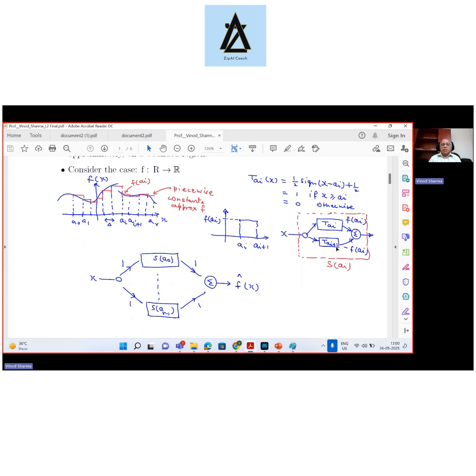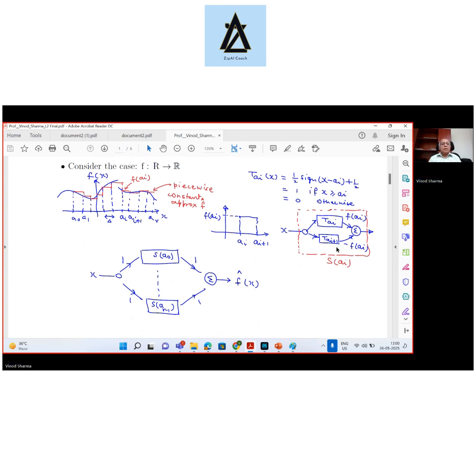First, we consider a function f from R to R. So let this function be some general function from R to R. There I have plotted f(x) as a function of x. It can be discontinuous, but we will assume that it's a piecewise continuous function, and we want to approximate it on an interval from a0 to ar.